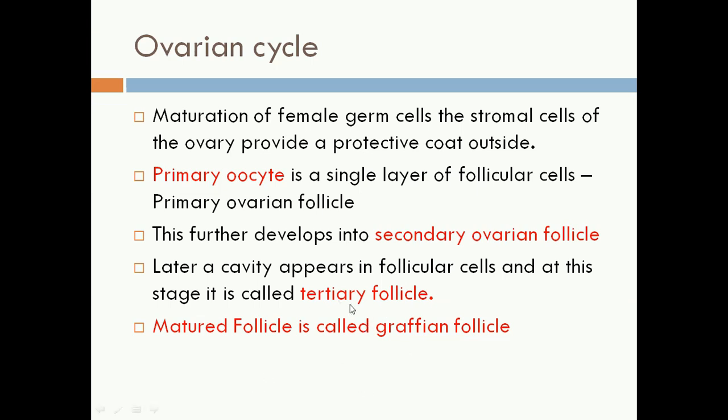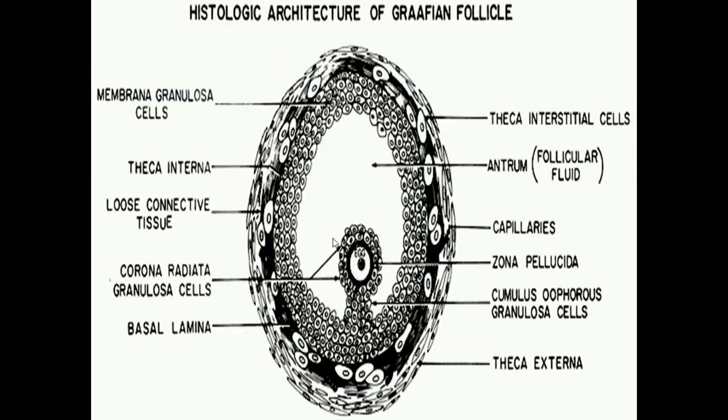Now, from this tertiary follicular stage, the matured tertiary follicle will release the ovum, and once it reaches the stage of releasing, it is called the Graafian follicle. So here what you find is the image of that Graafian follicle that is fully matured to release the ovum.